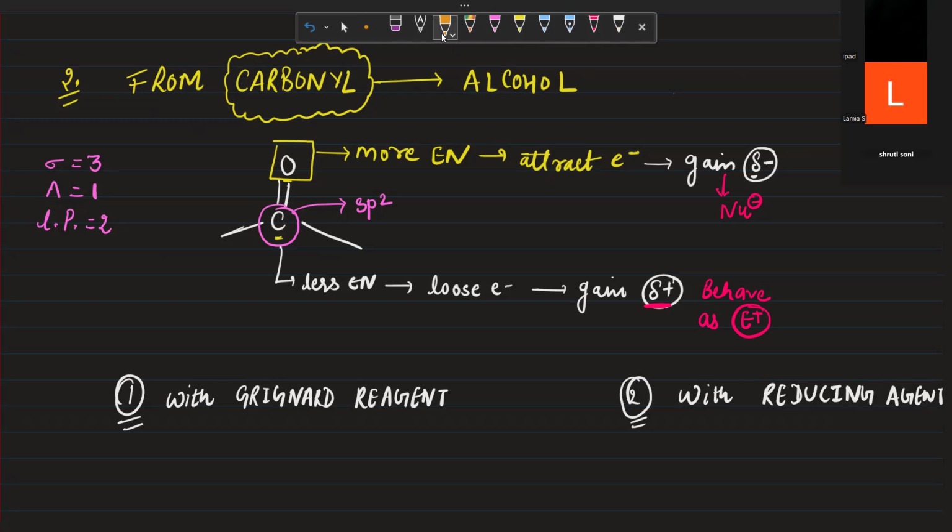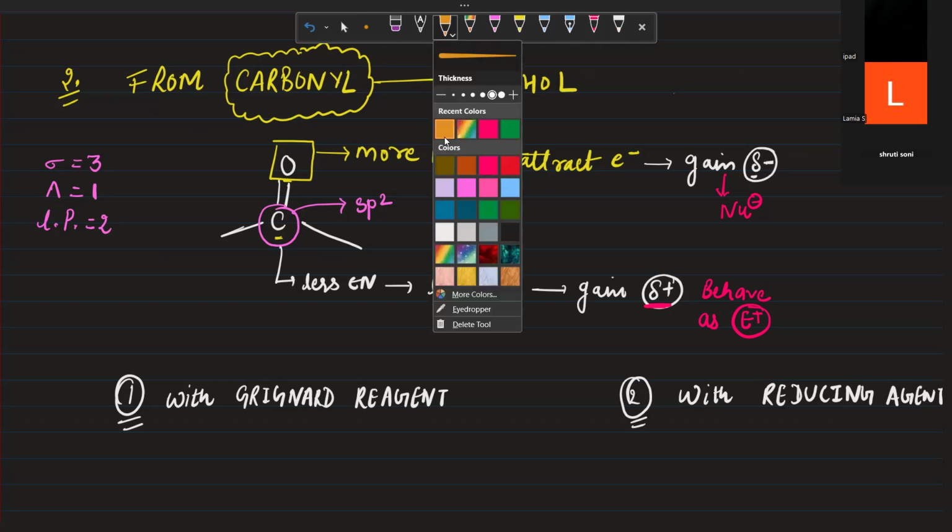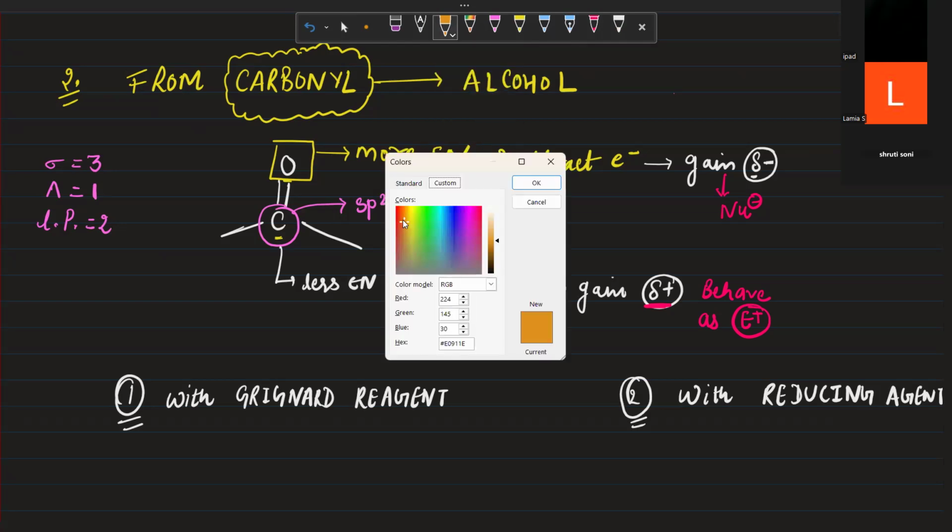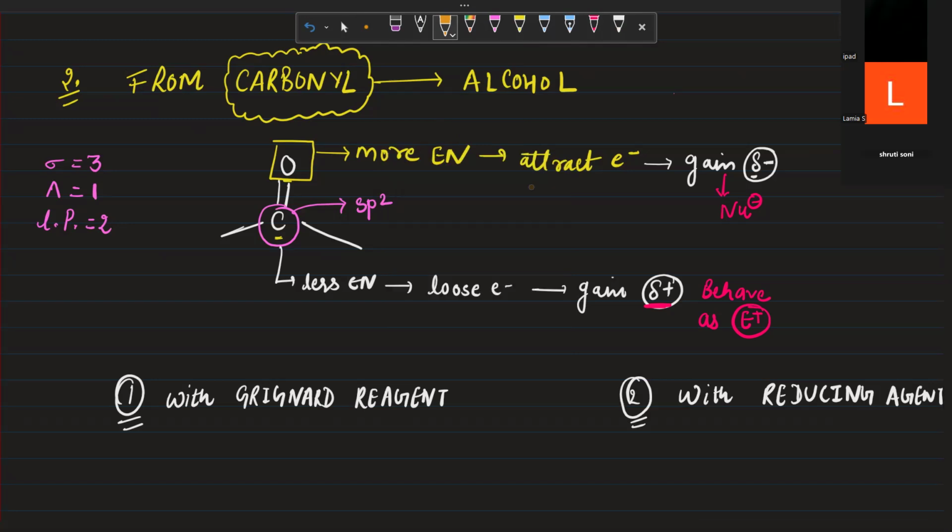So this behaves with Grignard reaction. With Grignard reaction. Okay.